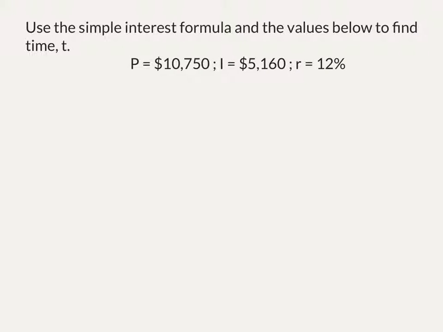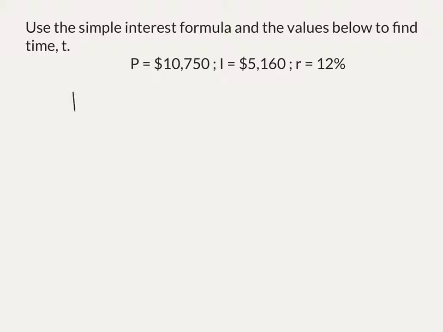Use the simple interest formula and the values below to find time t. Here we're given the values for the principal, the interest amount, and the interest rate. We're going to use the simple interest formula to solve for the missing value, which is t, time.